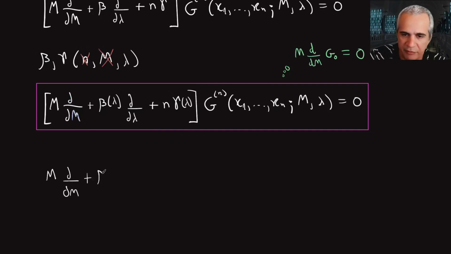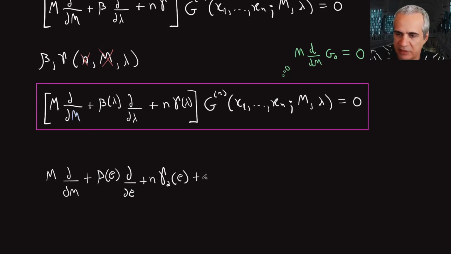So you have a beta function for the charge, and the partial derivative on the charge. And now you have two fields. You have a gamma for the electron. It depends on the charge, and another field renormalization related gamma for the photon field.